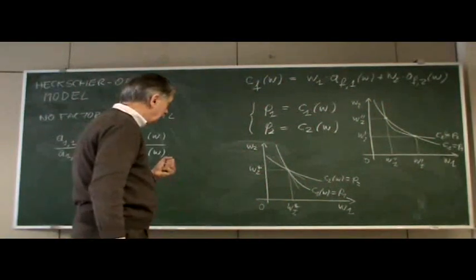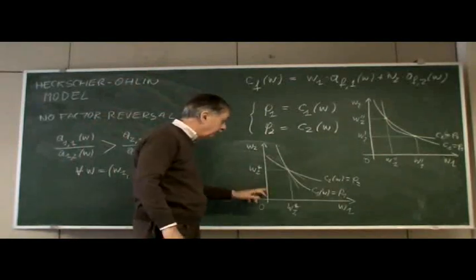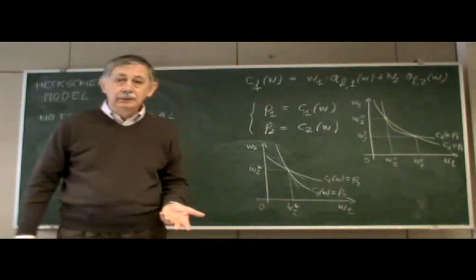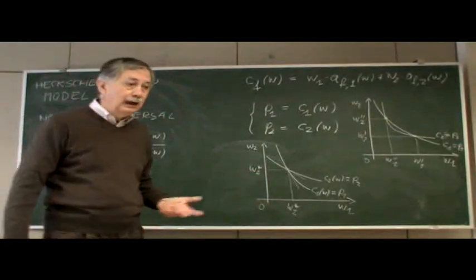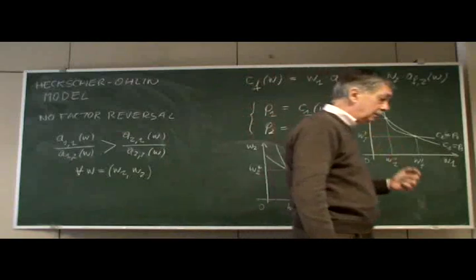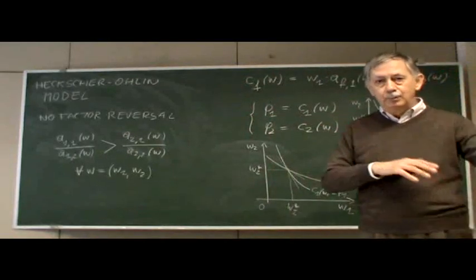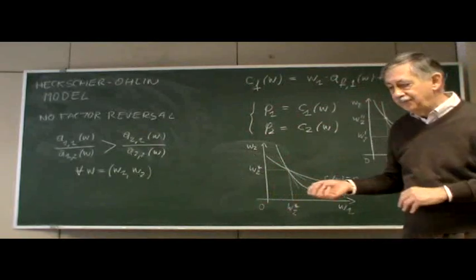The result is that the equilibrium factor prices are the same in every country, even if factors are not movable from one country to another.